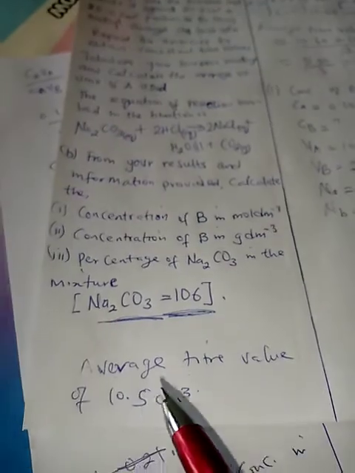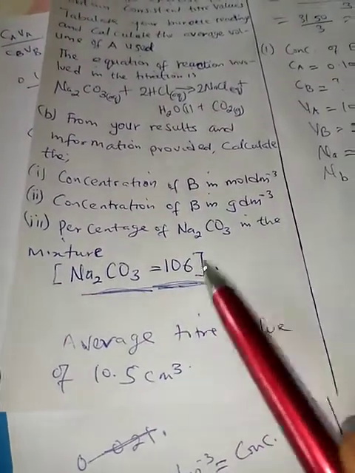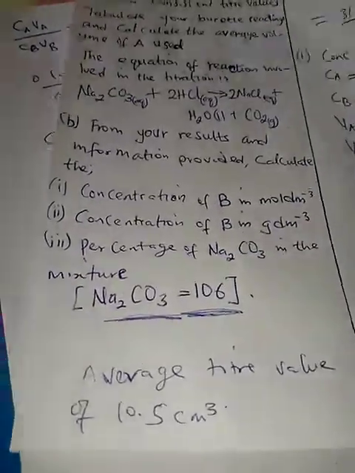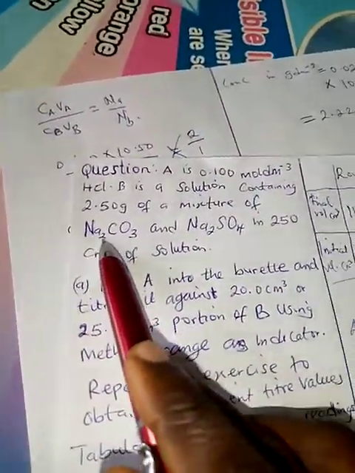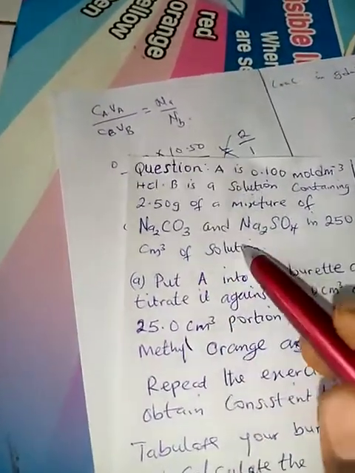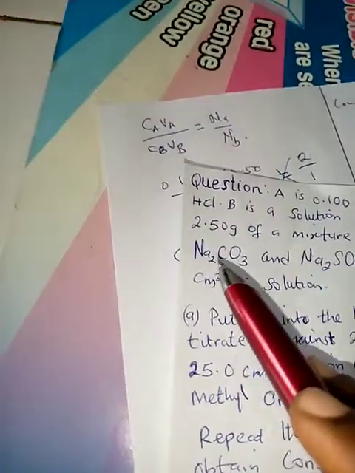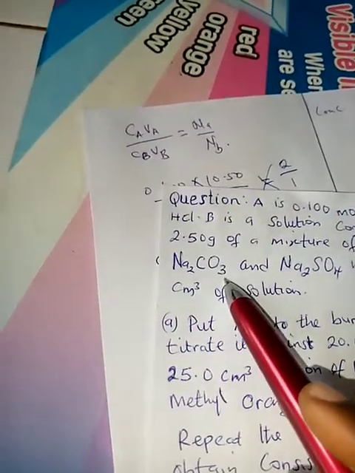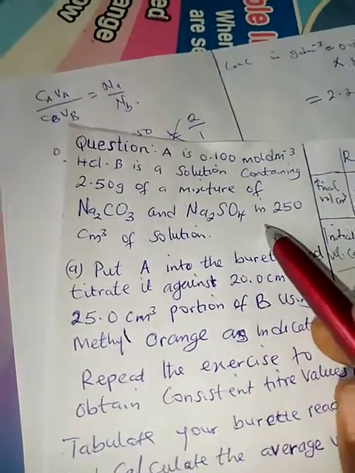Then the next part is we should look for the percentage of Na2CO3 in the mixture. Remember I said that we have a mixture of sodium trioxocarbonate IV and sodium tetraoxosulfate VI in the mixture.